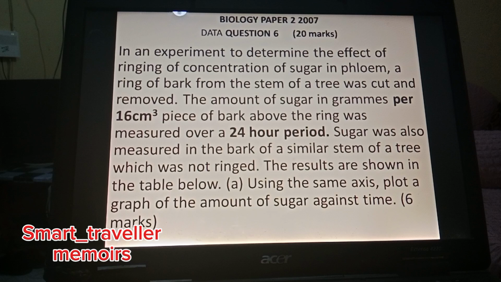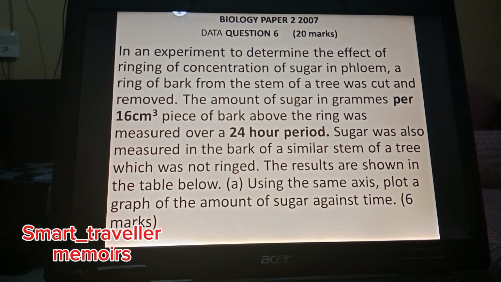The question is that, and I already sent it to you: in an experiment to determine the effect of ringing on concentration of sugar in phloem, a ring of bark from the stem of a tree was cut and removed. The amount of sugar in grams per 16 cubic centimeters piece of bark above the ring was measured over a 24-hour period.